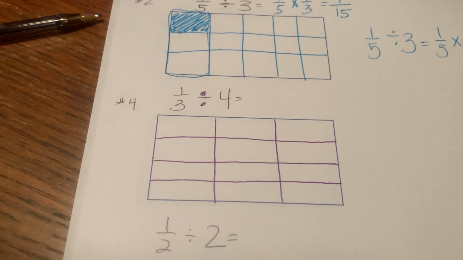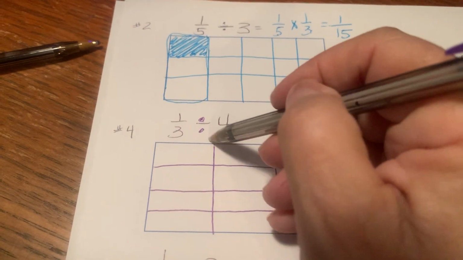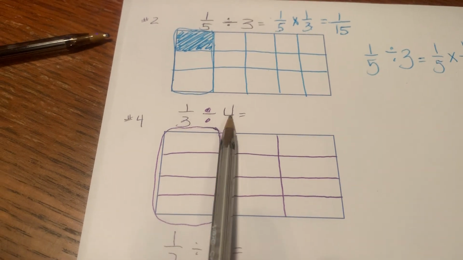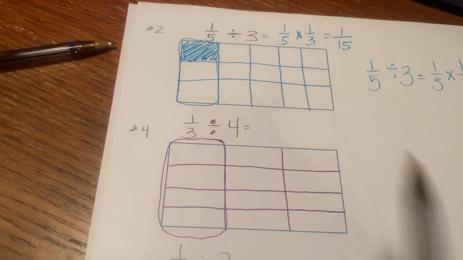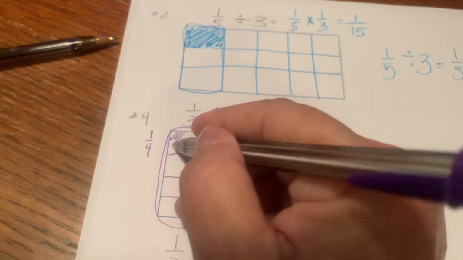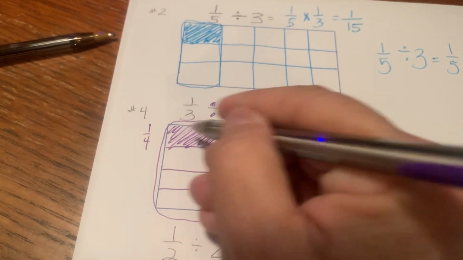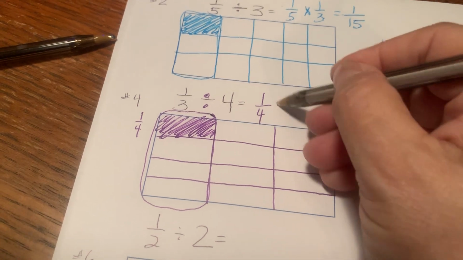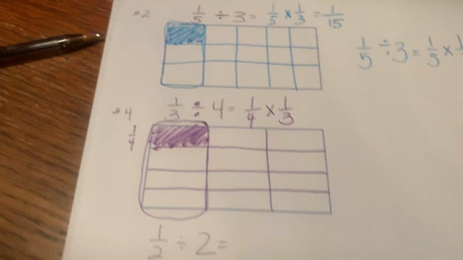Trying my best to make them even. Okay, now remember, I'm only thinking about that 1/3, and I want to divide it into 4 pieces. So I'm finding 1/4 of 1/3, just that one. So then I'm going to find 1/4 of 1/3.